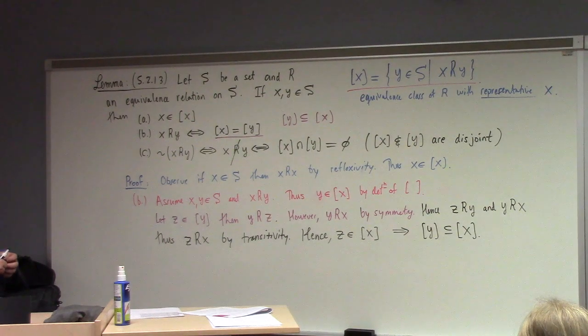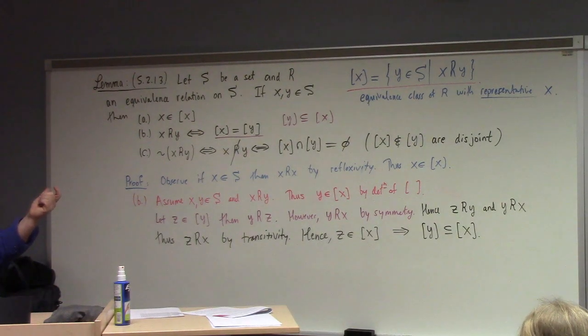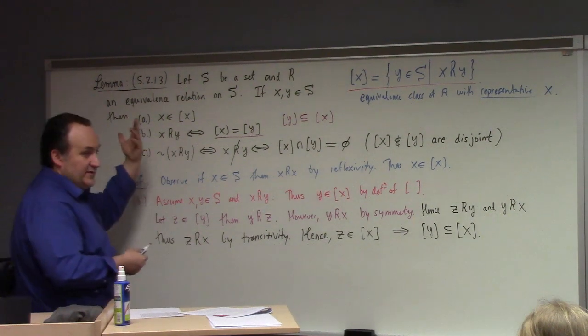And at this point, we could replicate this argument, switching the roles of x and y, and make the same argument, right? Because x and y appear symmetrically in this discussion, in part because of the symmetry of the equivalence relation.